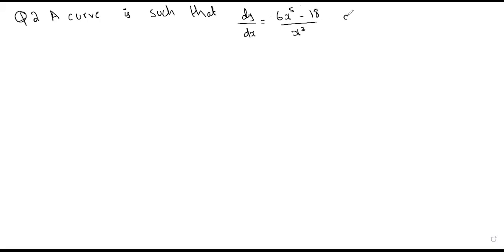So the question is, a curve is such that dy by dx is 6x to the power 5 minus 18 over x cubed, and 1, 6 is a point on the curve. The question is to find the equation of this curve.